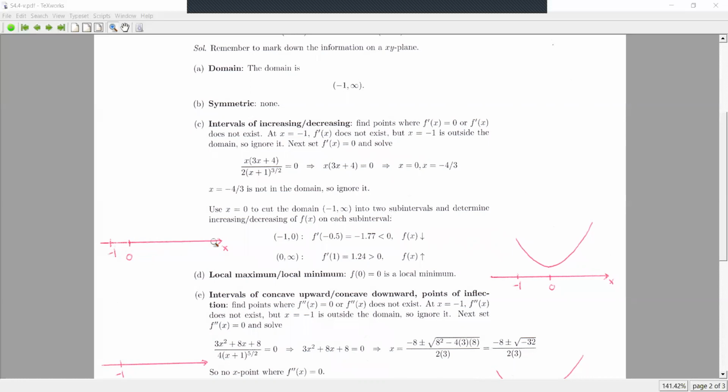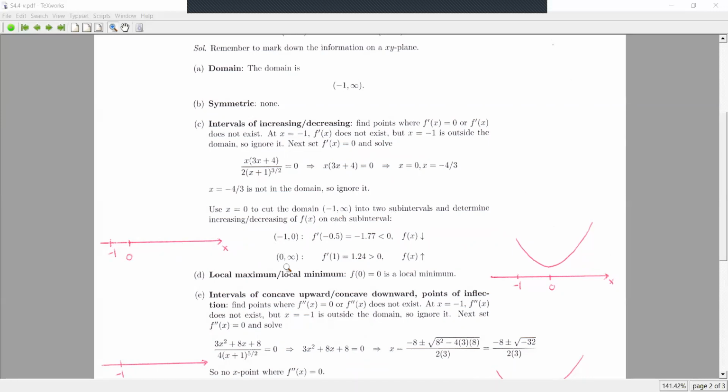Now, I use this point to cut the domain into 2 subintervals. This is an x-axis. The domain is from -1 to infinity. Now I use 0 to cut the domain. Then we get 2 subintervals. Now let me determine increasing, decreasing on these 2 intervals. How to determine increasing, decreasing?